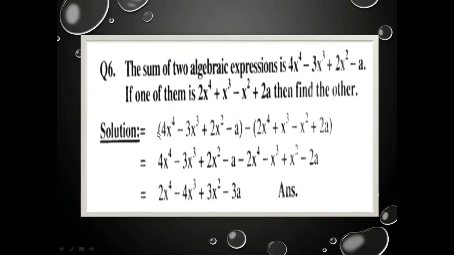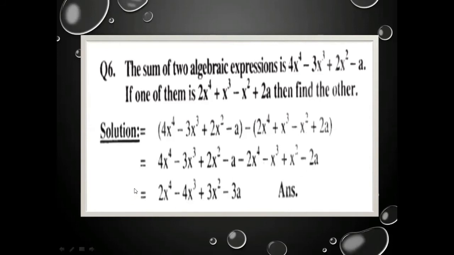Then the first bracket will be opened by multiplying with a plus sign. There will be no change in the signs of the terms. Then multiplying by the minus sign, we multiply the minus sign by each term. So minus plus is minus, minus plus is minus, minus minus is plus, minus plus is minus.